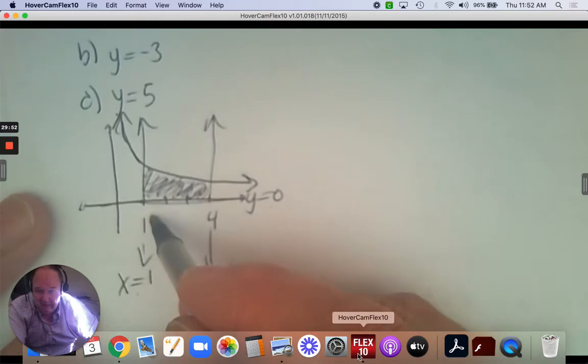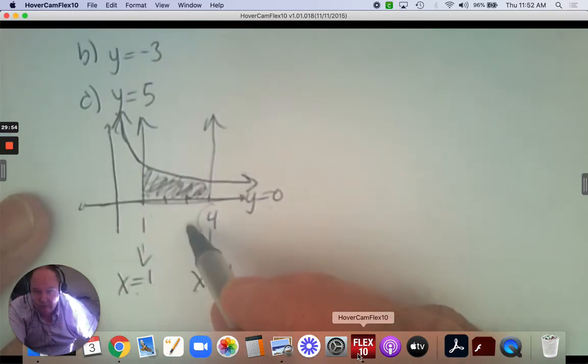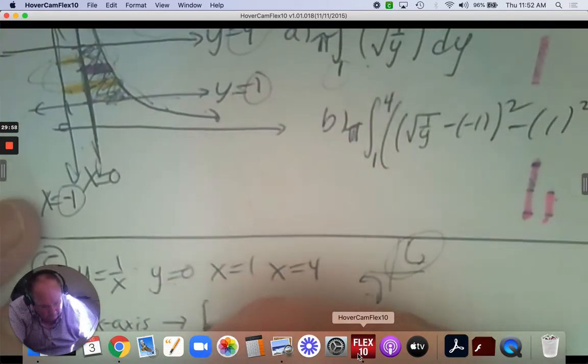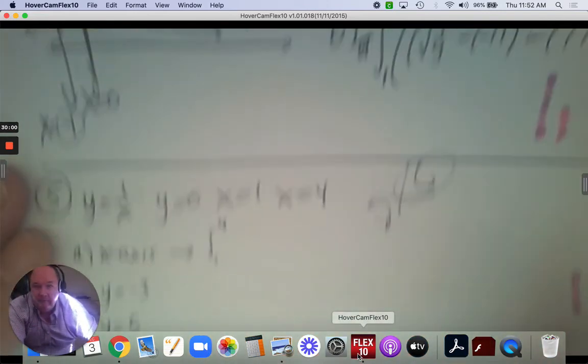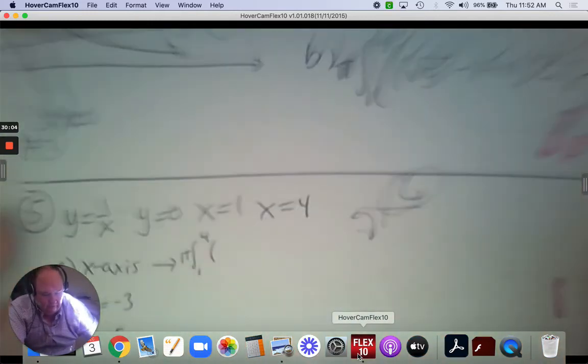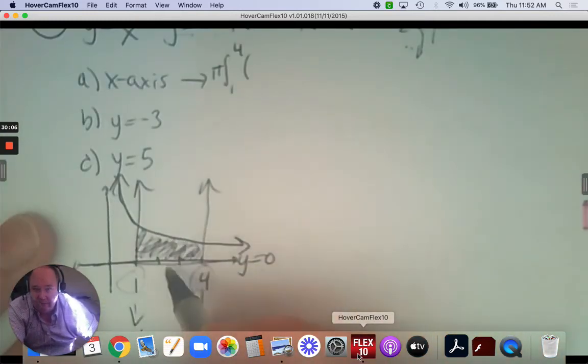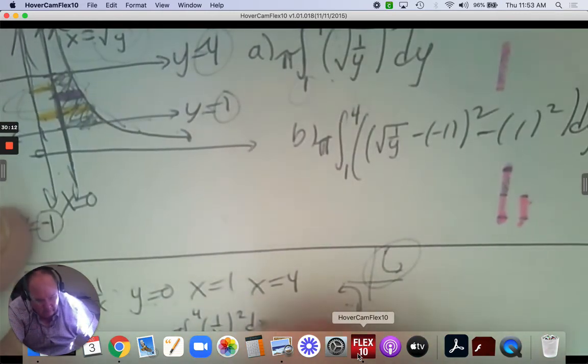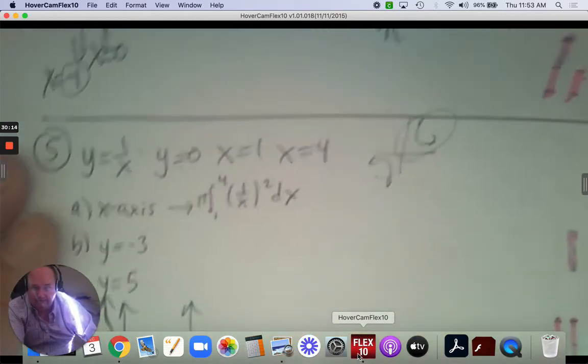My bounds, I already know. They go from 1 to 4. So when I integrate, I'm going to integrate from 1 to 4. I know it's pi. I know the radius is represented as top subtract bottom. So that's 1 over x subtract 0, or just 1 over x. I square it dx, and it's over.